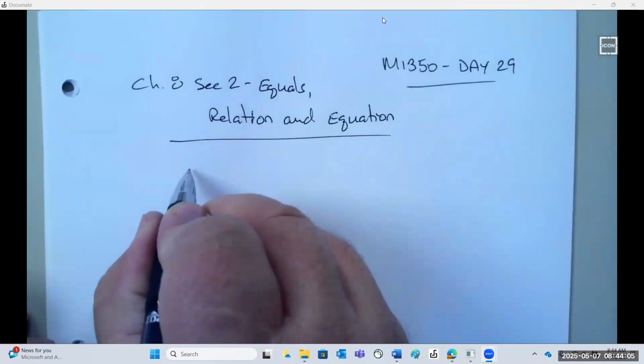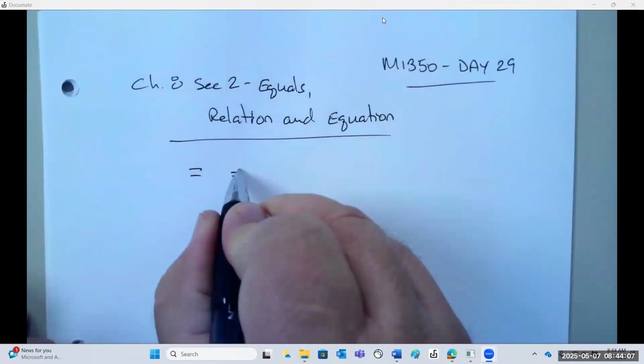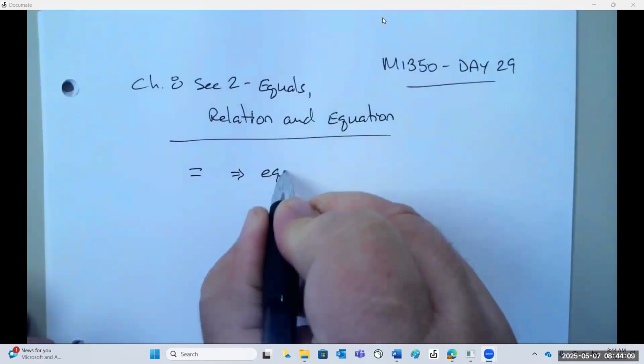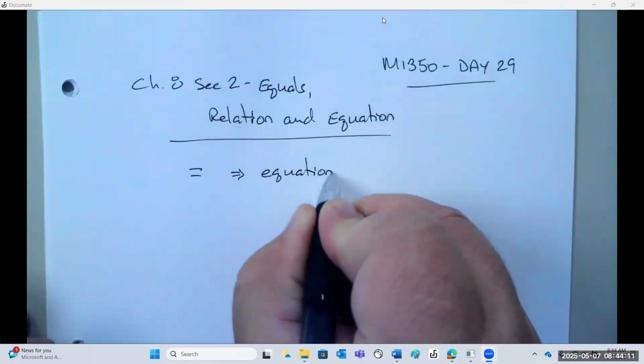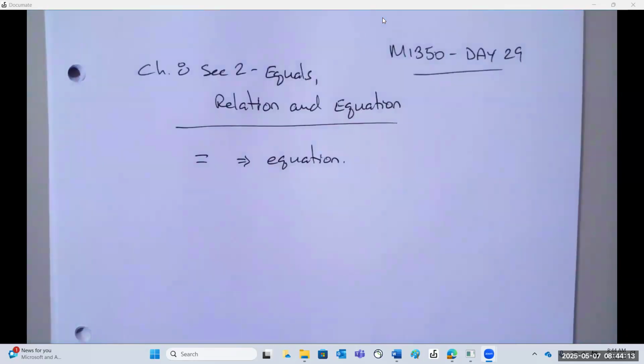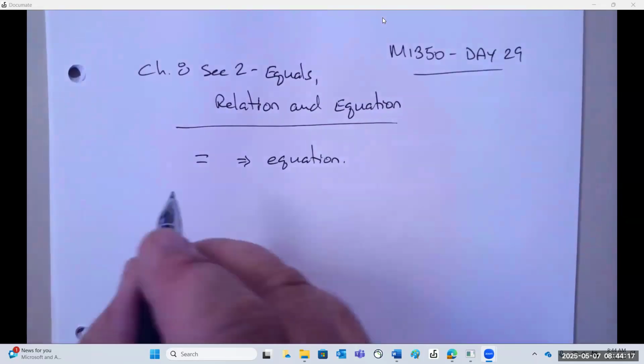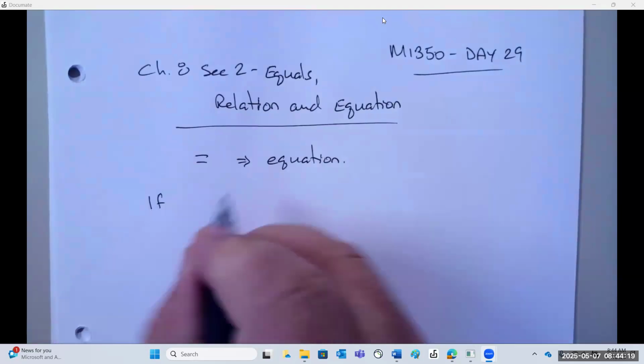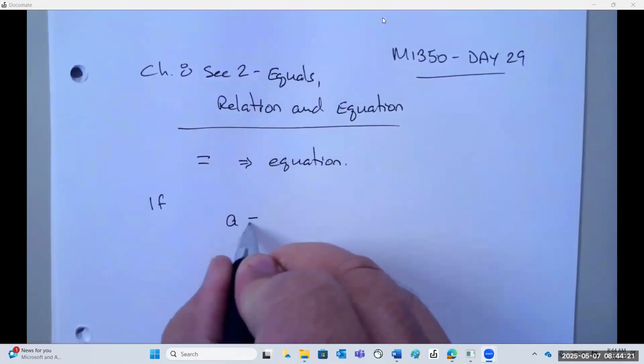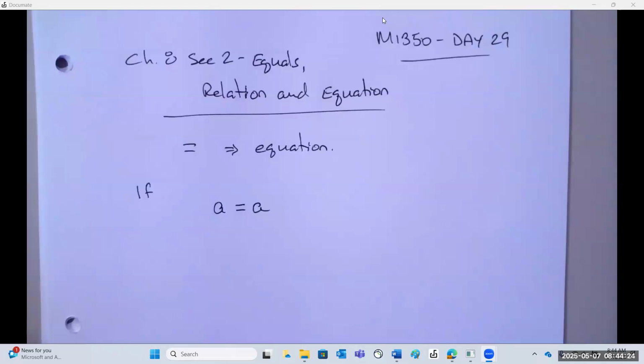Again, an equal sign means that it's an equation. If A equals A, true?